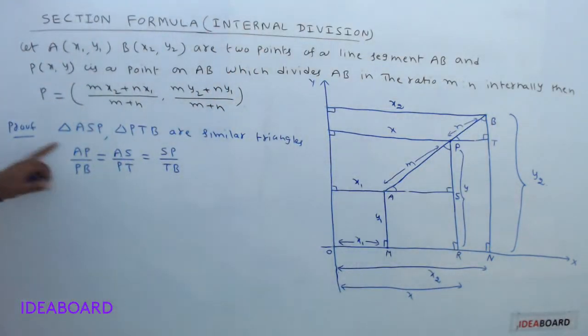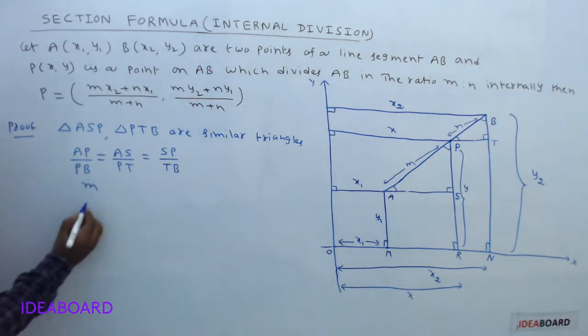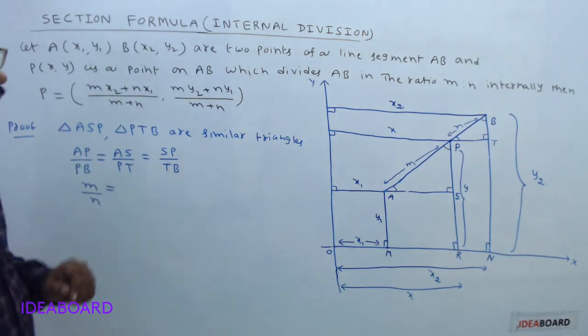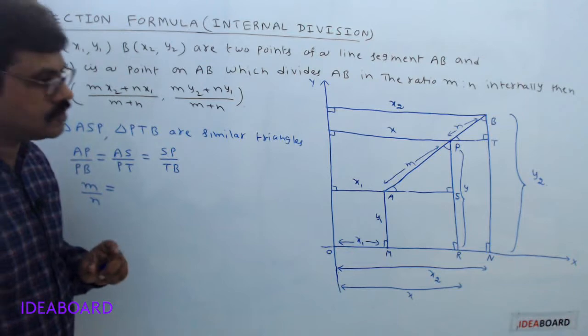So in place of AP you can write m, and PB value is n. This equals AS. From the diagram, what is the value of AS?